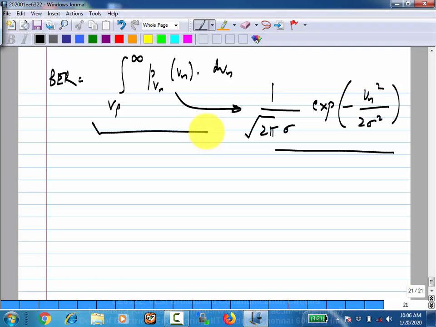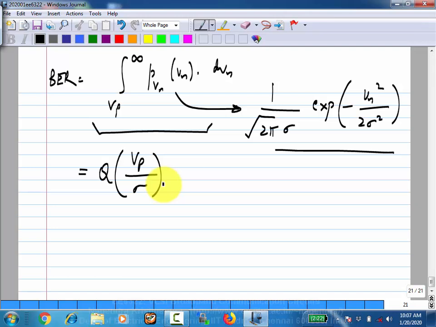And this integral is given a name because it occurs so often in communication systems. This is called the Q function. Okay. And as you can see, Vn gets integrated out, so it has only two numbers here, Vp and sigma. It is a function of Vp divided by sigma.